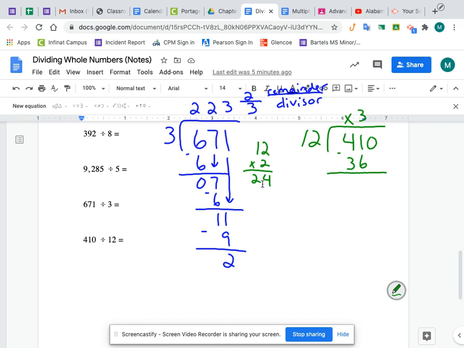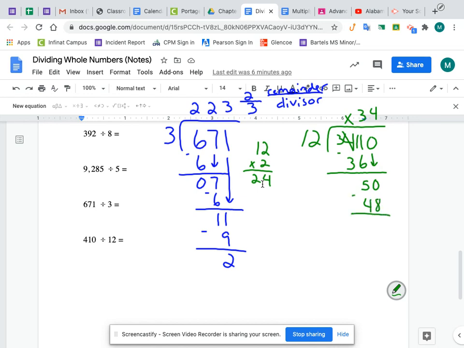So now getting back to the problem, when I do my subtraction, I'm going to need to borrow. So 11 subtract 6 is 5. Bring down my 0. 12 goes into 50 4 times, which 12 times 4 is 48. And subtract.